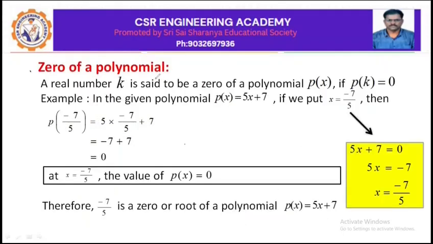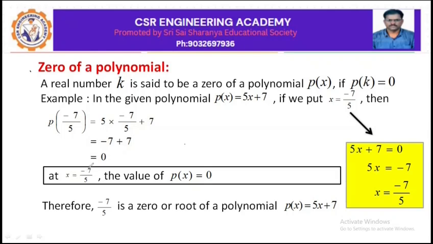Zero of a polynomial. A real number k is said to be a zero of a polynomial p(x) if p(k) = 0. Example: in the given polynomial p(x) = 5x + 7, if we put x = −7/5, then p(−7/5) = 5 × (−7/5) + 7 = −7 + 7 = 0.